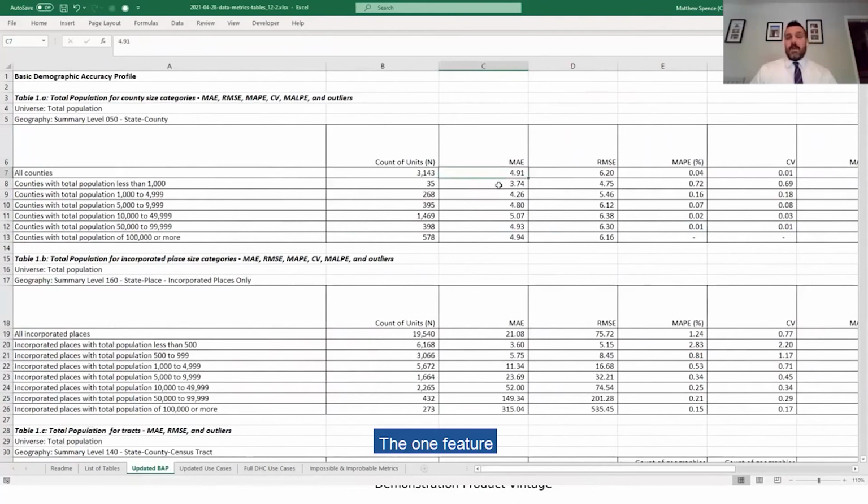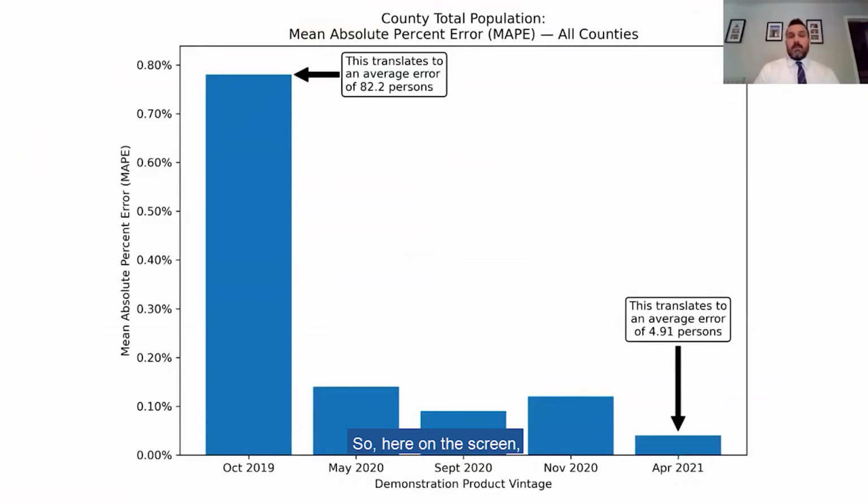Now, one feature of these detailed summary metrics is that you can easily get a sense of how accurate the data were for this particular run. And you can also use it to compare across runs in the past. So here on the screen, you should see the change in mean absolute percent error. This is that relative error metric, or MAPE, for county total population.